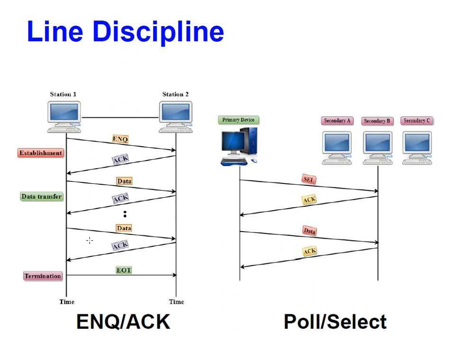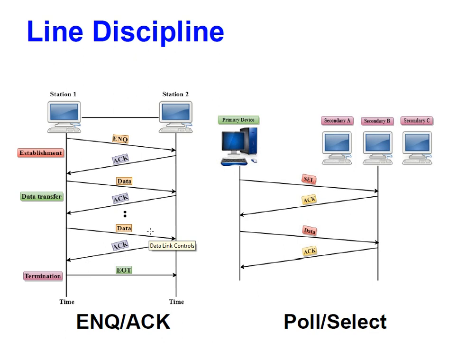Once everything is completed, and if station 1 has nothing more to send to station 2, it will send the termination frame, that is end of transmission, and thereby station 1 and station 2 get disconnected. Here you see EOT, ACK, ENQ, ACK; all these are forms of frames over which the communication or handshaking takes place between the devices.